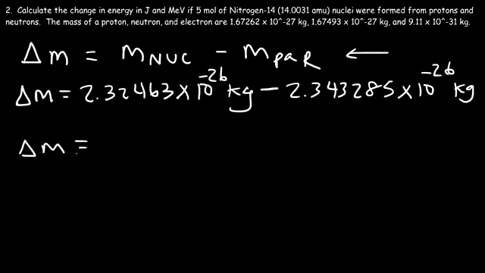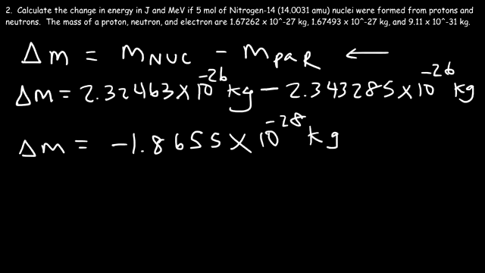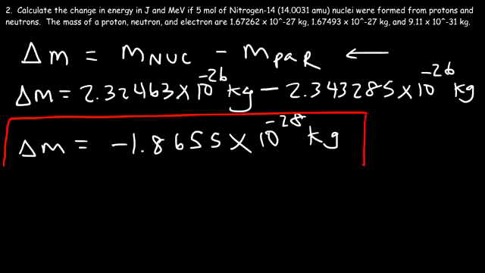So if we subtract 2.32463 times 10 to the negative 26 by 2.343285 to the same power, you should get negative 1.8655 times 10 to the negative 28 kilograms. So that is the mass defect in this problem. That's the change in mass.